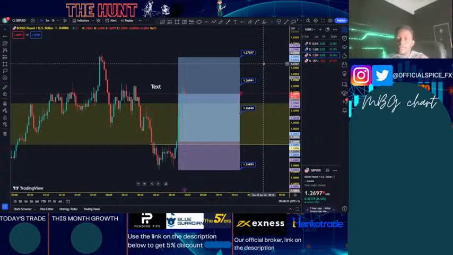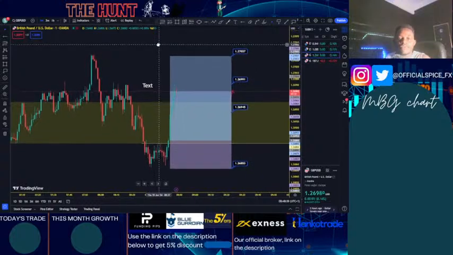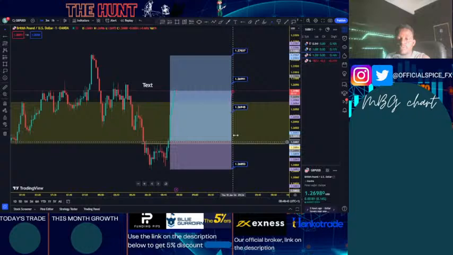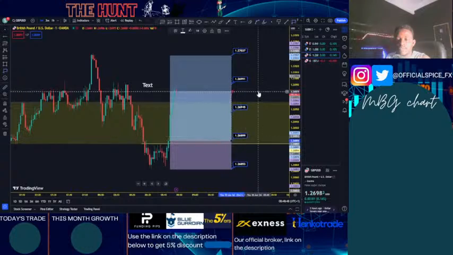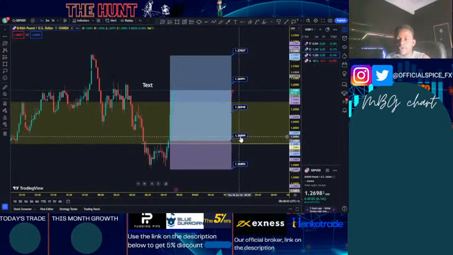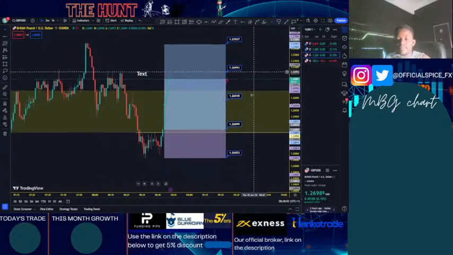What I have now is just 1% of the total position, and I'm pushing my stop loss to break even. Now break even, guys. So this is a risk-free trade. This is our break even right there.